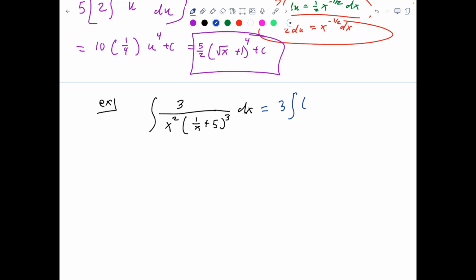It's not wrong if you did the x by itself first, but it's going to be x to the negative 1 plus 5 to the negative 3 times x to the negative 2 dx.